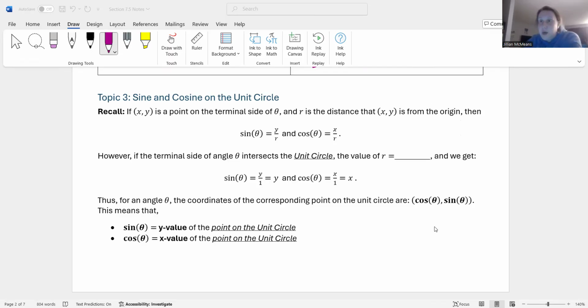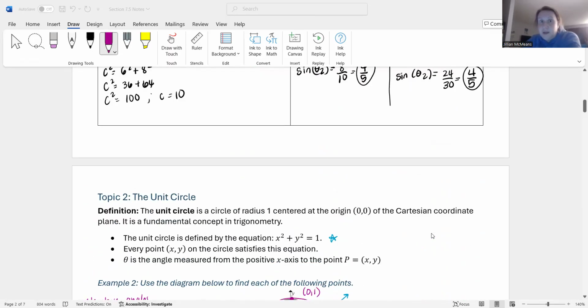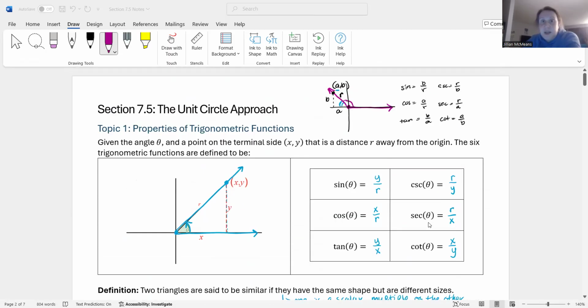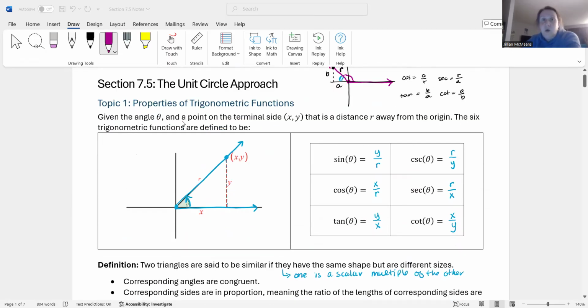So let me give you a visual reminder. Let's scroll back to the beginning of this worksheet. And right here we said, okay, we have some angle theta that we've drawn in the Cartesian plane. We know that we're going to have some point on the terminal side called (x, y). Okay, we know that point on the terminal side is going to be a distance of r from the origin.